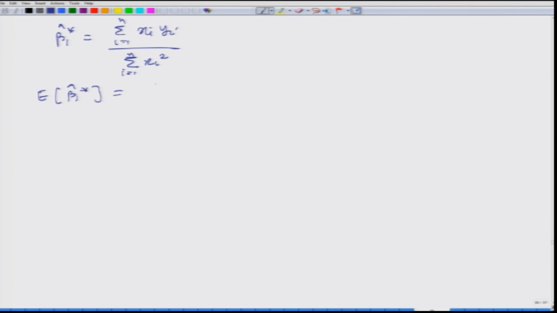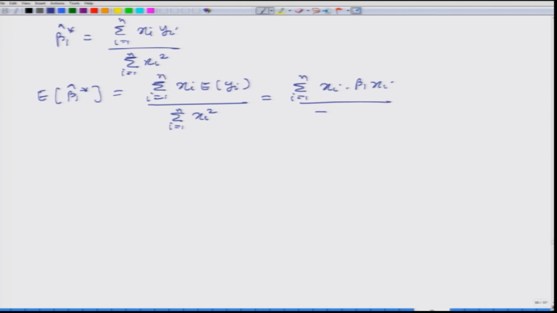This comes out to be summation i from 1 to n of xi times expected value of yi, upon summation i from 1 to n of xi square, and the expected value of yi is nothing but beta 1 xi, upon summation i from 1 to n of xi square.